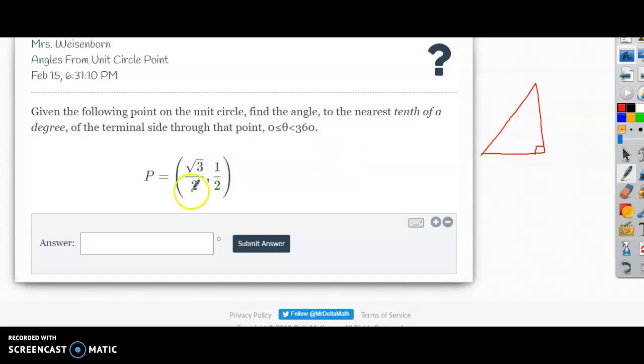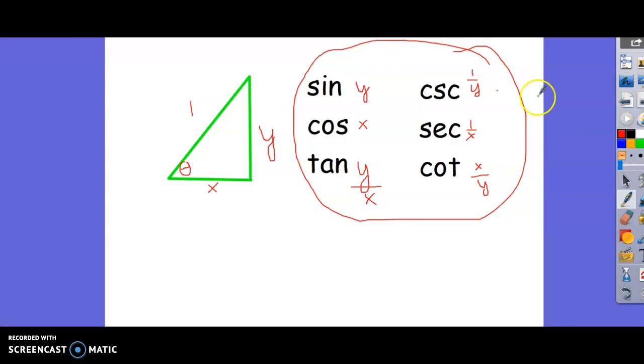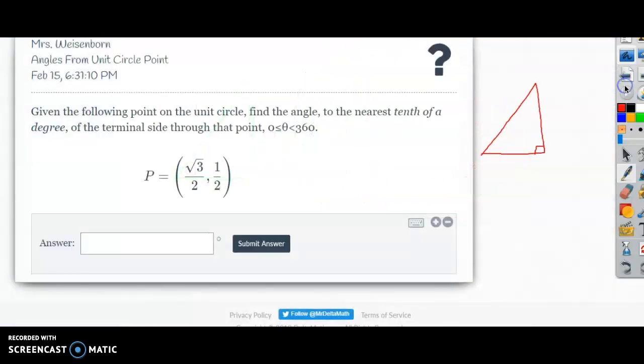So when we're plotting that point, we're going over so much and up so much. Well, this also really ties into what we just wrote here, because sine is y. So if I'm looking at a coordinate point, sine is y and cosine is x.